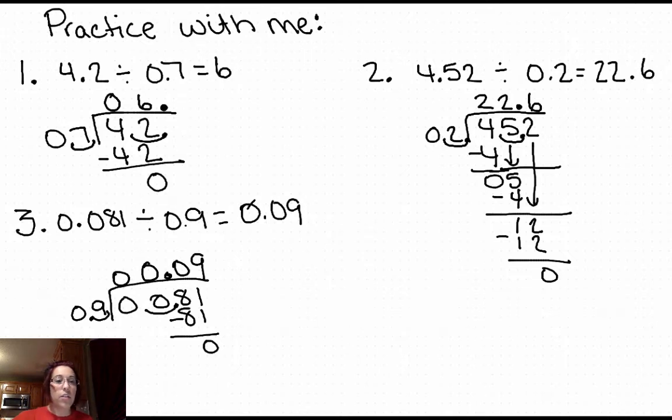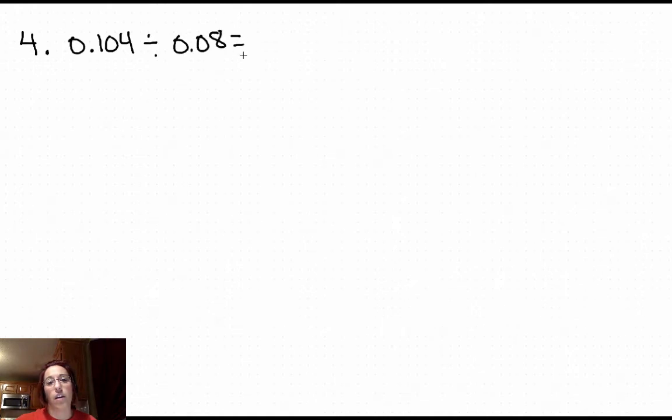Let's go ahead and clear our board and do a few more together. Let's do 104 thousandths divided by 8 hundredths.